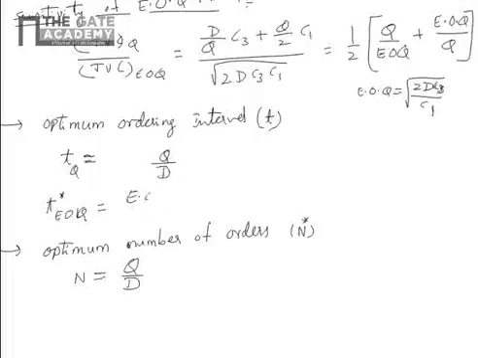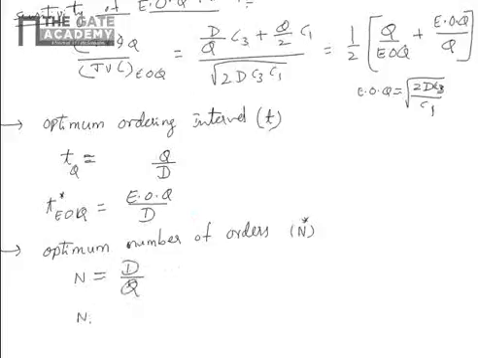Here D is annual demand, the number of units per year. So here N equals D by Q. It is slightly confusing here.